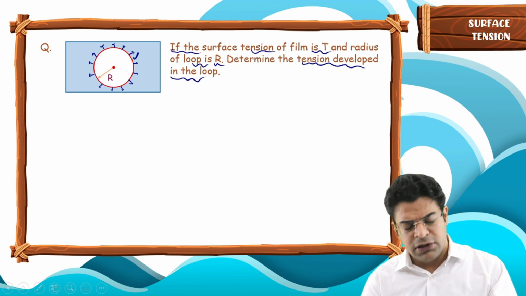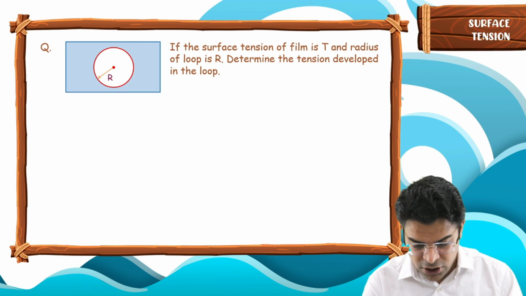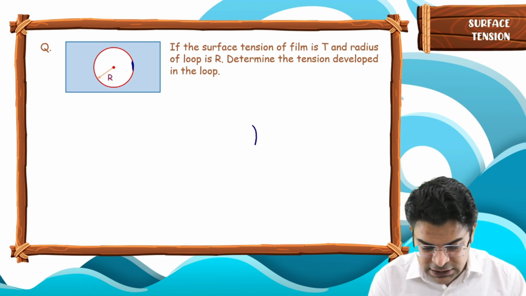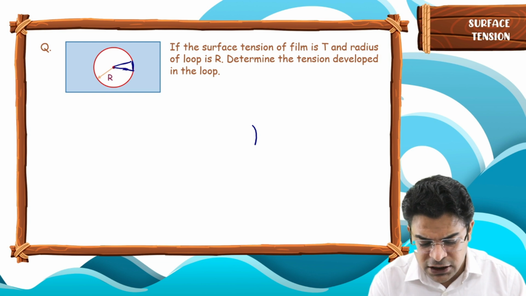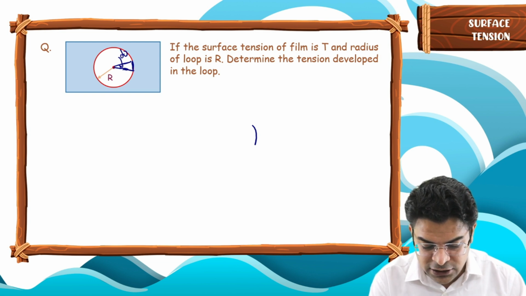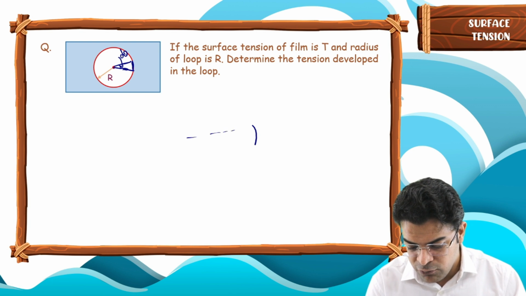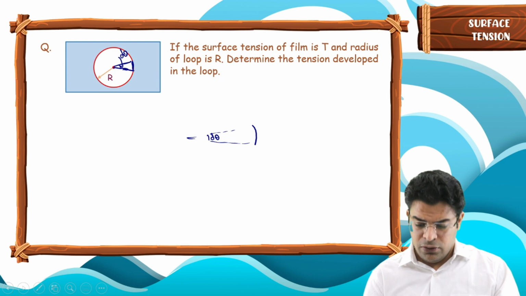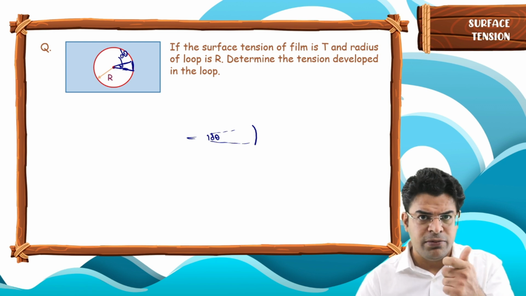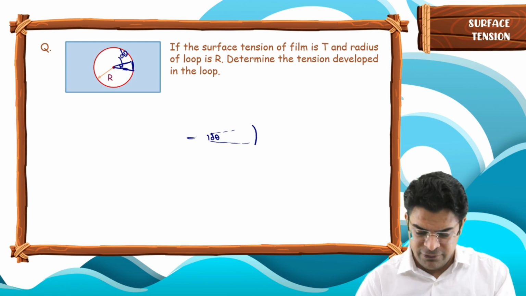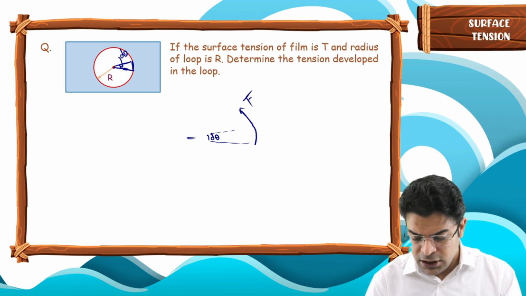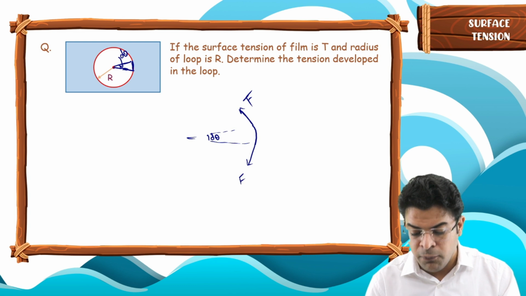How to find? It's a standard process. Look at some small part of this loop. Let's say this small part subtends an infinitely small angle d theta at the center, but I am drawing it big for us to understand. Now, let's say the tension developed in this loop is given by F. So a force of F here because of the remaining loop and a force F here due to the remaining loop.